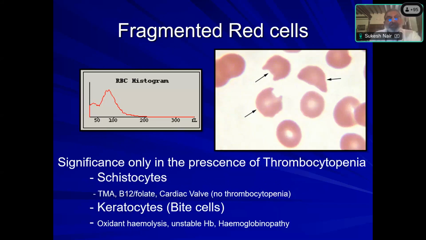But you can see these fragmented red cells on your red cell histogram also. You can see schistocytes, which are fragmented or torn-up red cells, in TMA, B12 and folate deficiency, and cardiac valve hemolysis. Or you can see keratocytes, which are bitten cells, because of oxidant hemolysis, like G6PD deficiency, unstable hemoglobin, and hemoglobinopathies.